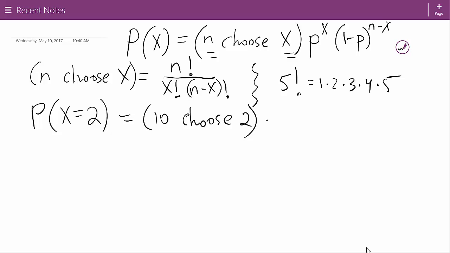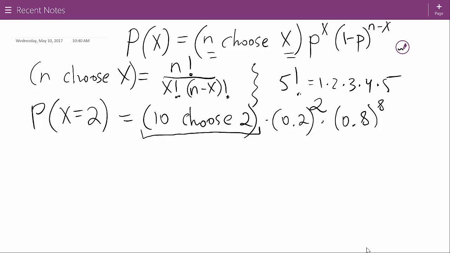Then I have to multiply it by the probability of a correct answer, which is 20%, and here he gets only 2 of them correct, so 0.2 squared. And then the probability of getting a question incorrect is 80%, and he gets 8 of them incorrect out of 10. 10 minus 2 is 8. Let's now take a look at this number right here, 10 choose 2.